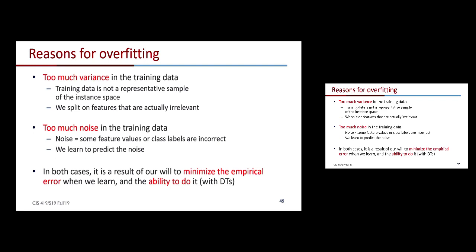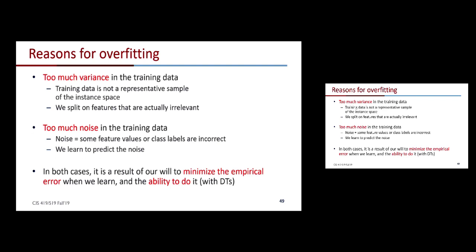There could also be too much noise in the training data, and we can think about noise in at least two ways. Some feature values could be incorrect. For example, an example says that Outlook is sunny, but really, this was a measurement error, and the Outlook was overcast. That's one type of error.